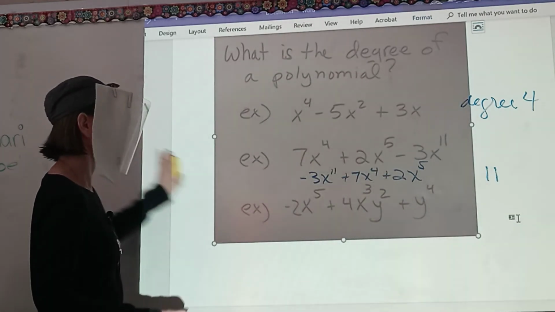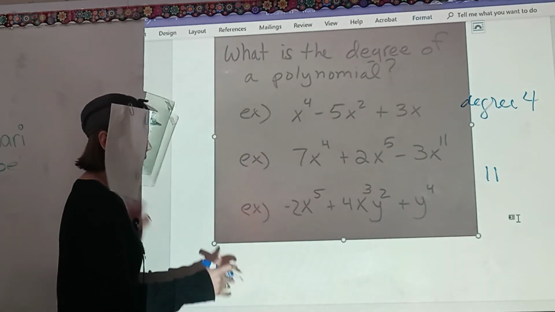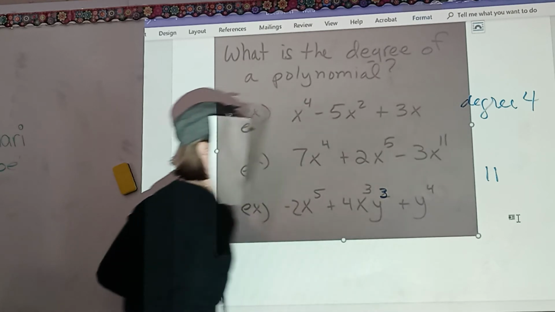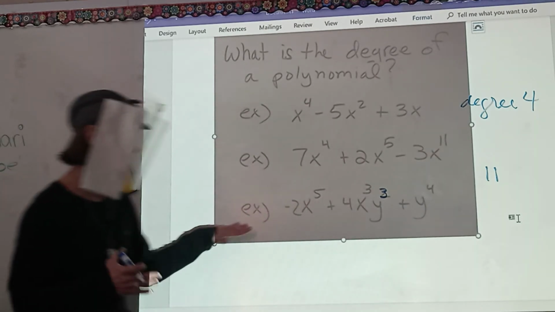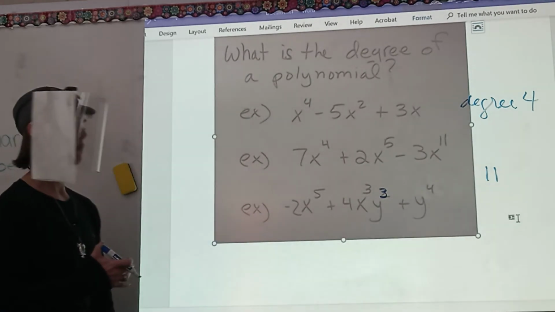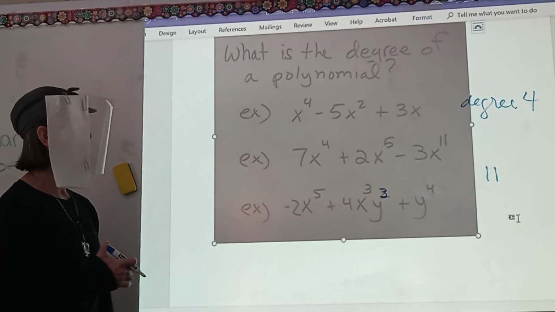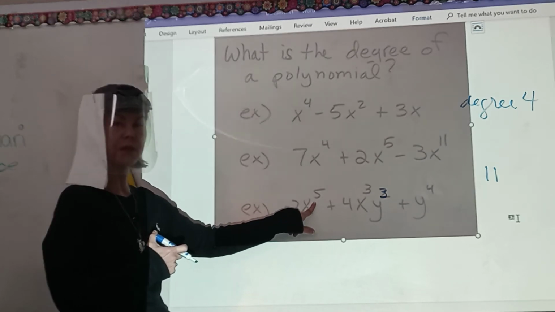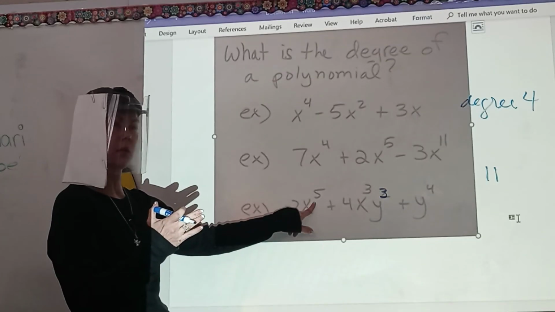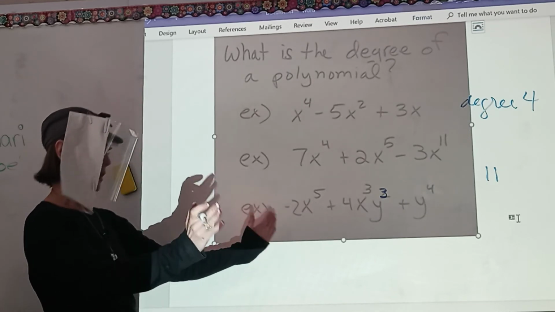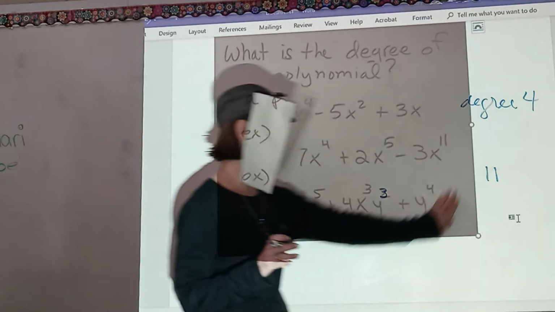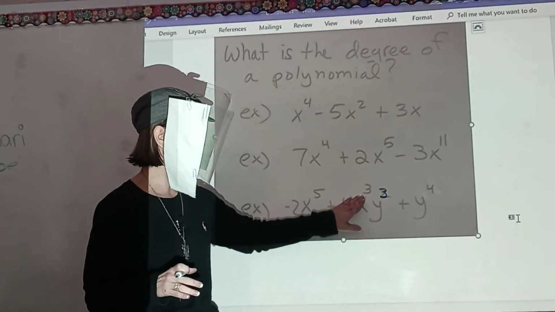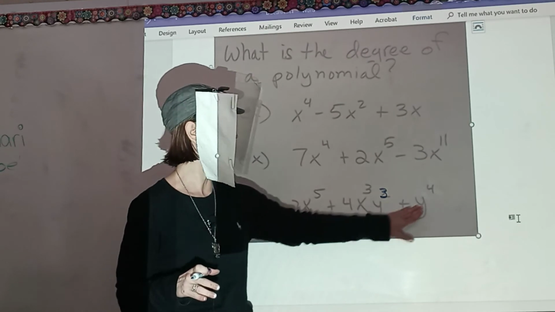Now here we have a situation, and I'm just going to make this exponent y to the third as well. Here we have a trinomial once again. You have negative 2x to the fifth, which at face value you would say the degree is 5, but let's pay attention for a second. Then we have 4x to the third y to the third, and then y to the fourth.